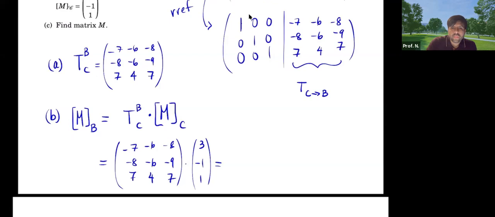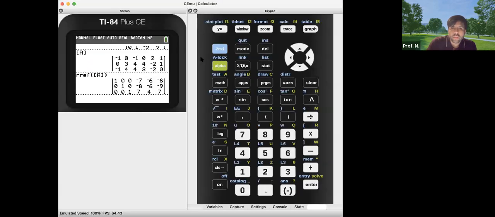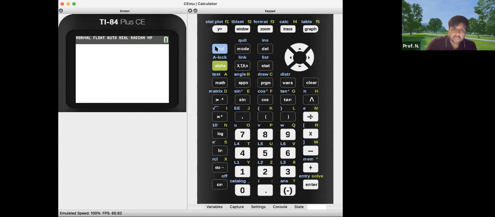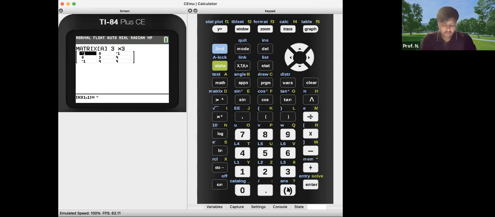So let me go back. I'm going to do a 3x3 matrix. So the 3x3 matrix will be -7, -6, -8, -8, -6, -9, 7, 4, 7, right?